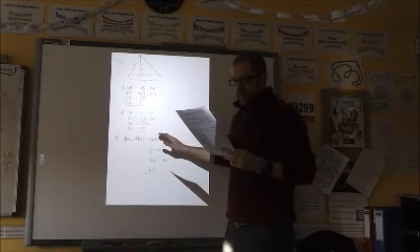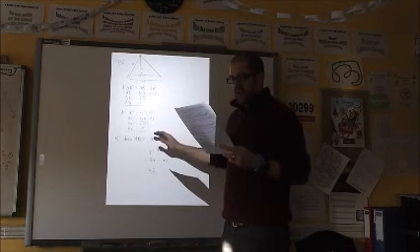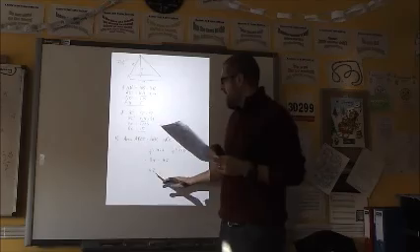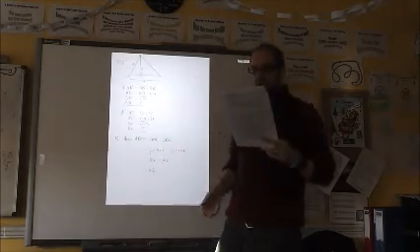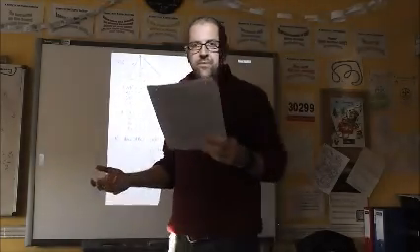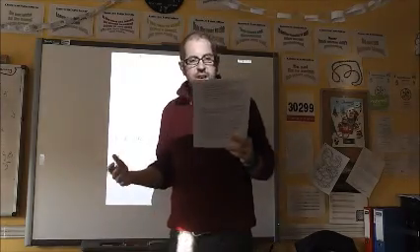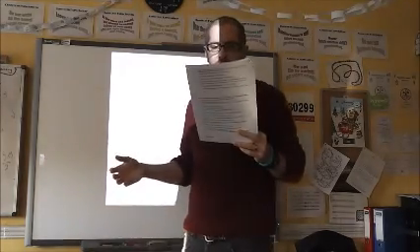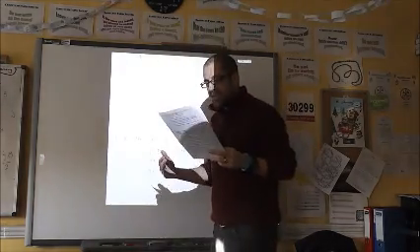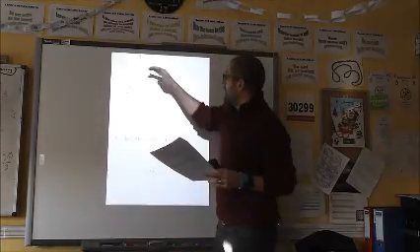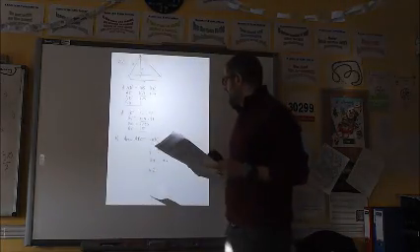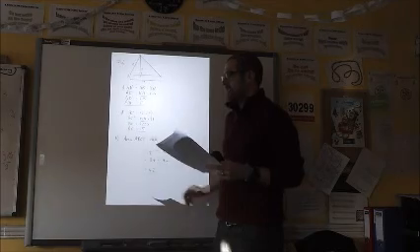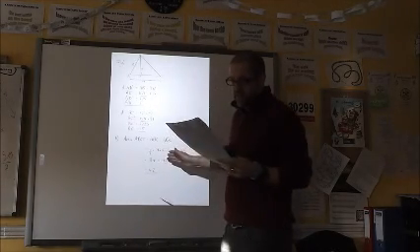So the area of the quadrilateral is the area of the big triangle, the whole triangle ABC, take away the area of AEC. Now AE is the midpoint of BD, so it's half the height of this, 6, so the area of the triangle is half base times height.